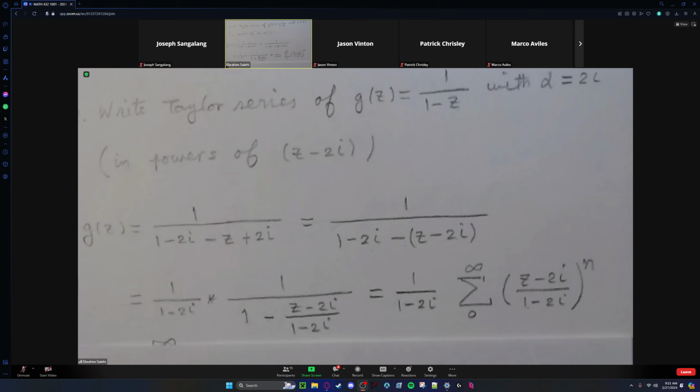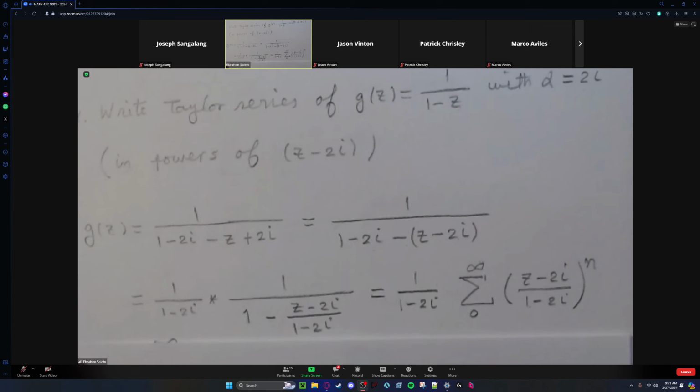If I factor 1 minus 2i, here I get 1. Here, this will be divided by 1 minus 2i, okay? So this is what I meant by trying to make it in the form of 1 over 1 minus something. Now you can use the geometric series right here.